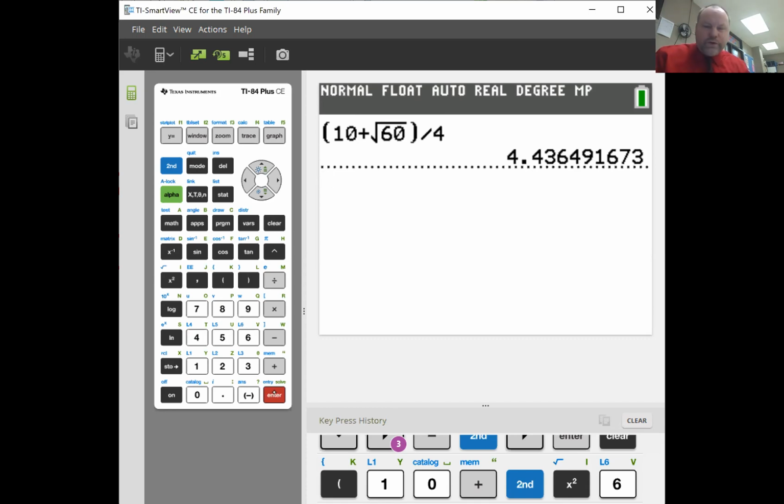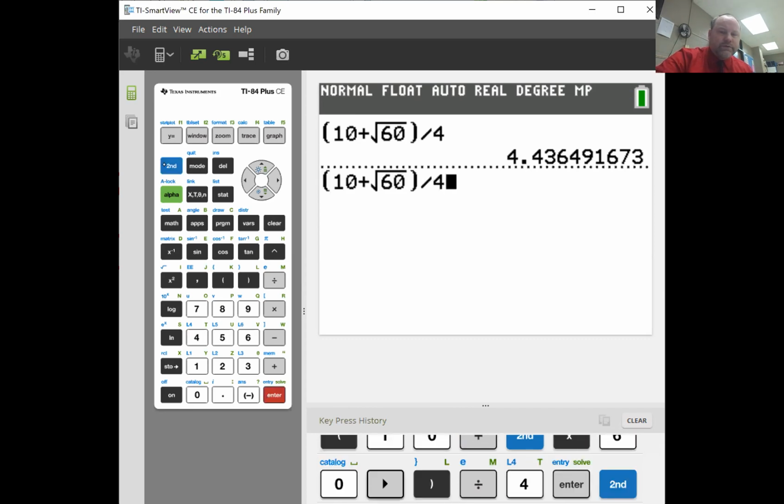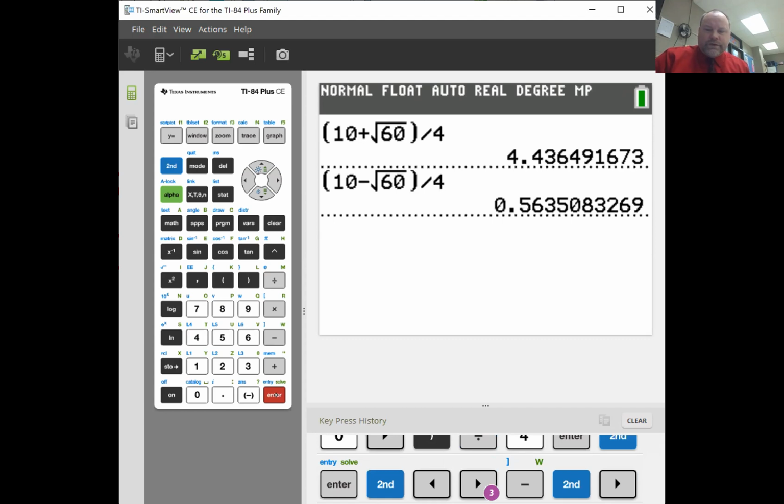So I get about 4.44 if I round, and 0.56. So 4.44 and 0.56.